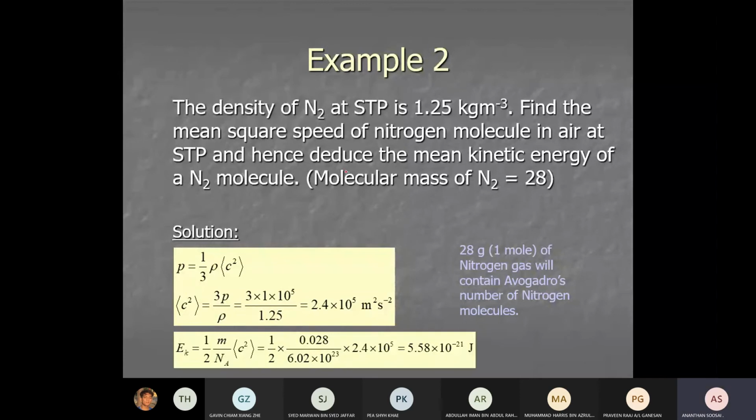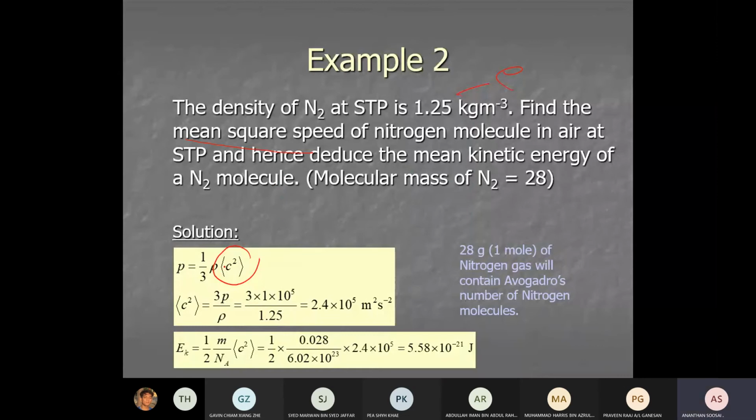Okay, guys, can you understand the flow? The density is given. Find the mean square speed. They want the mean square speed of the nitrogen molecule in air at STP, and as it is the mean kinetic energy of the molecule.